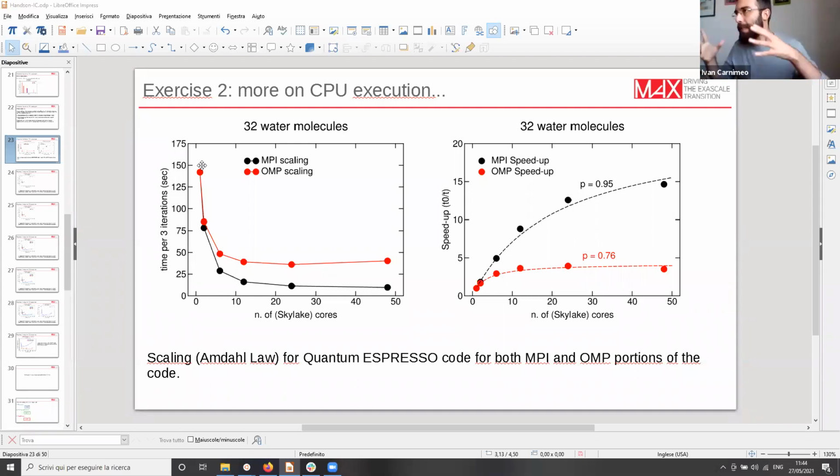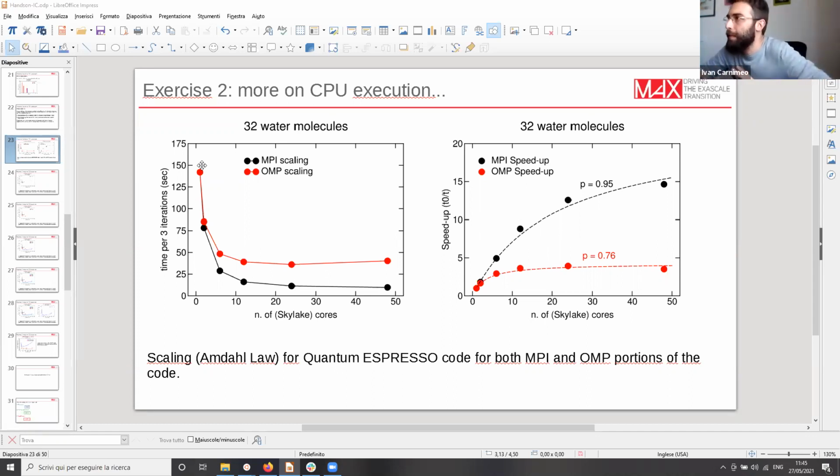Otherwise, with Openmp, I will have one single process, so my data stays together, but on that data I will have 48 Openmp threads working on them.